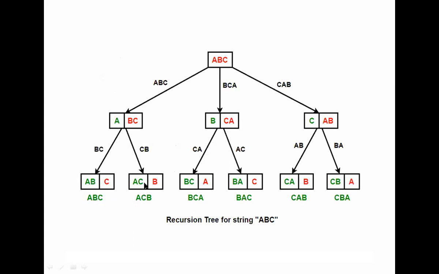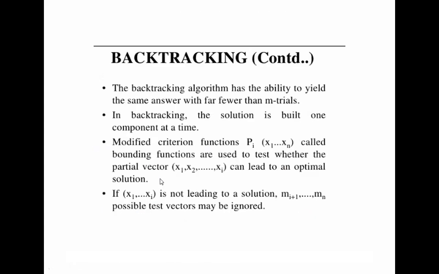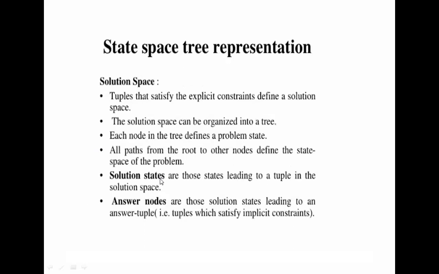Here we are considering A, next B, next C. So ACB. In this way, you have to consider the tree. So all those states leading to a tuple, A, BCA is the tuple that satisfies the implicit constraint. That we call answer nodes.